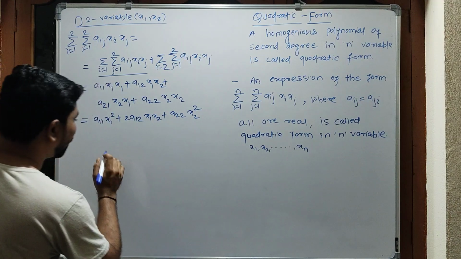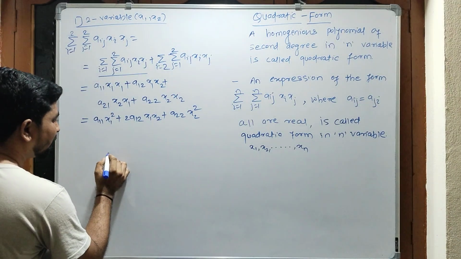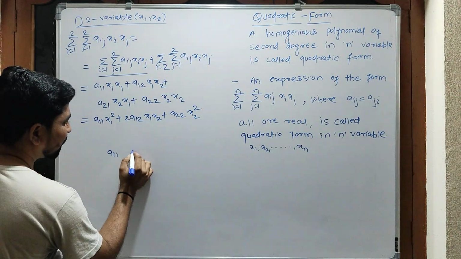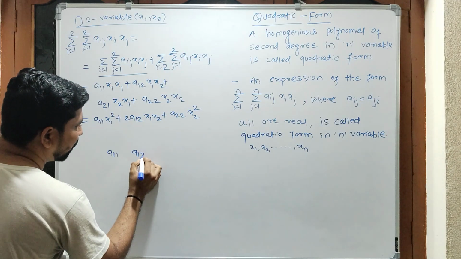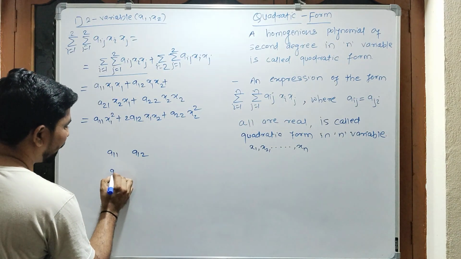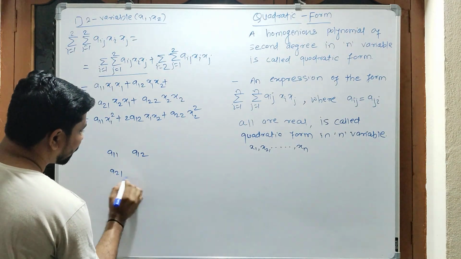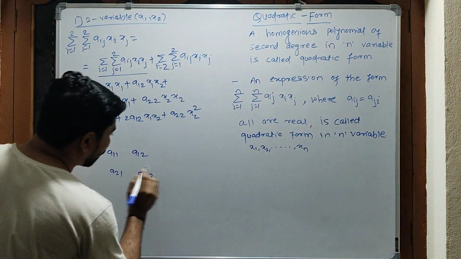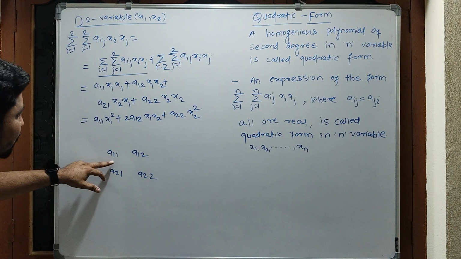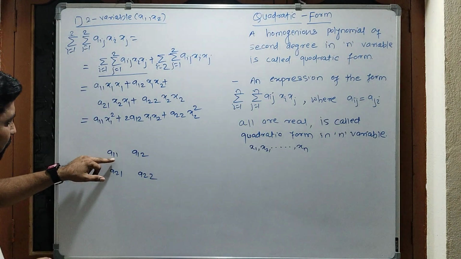So here, for example, if you have a 2 cross 2 matrix, first row is A11 and second, that is A12 position. Here the second row is the A21 position. This is the A22 position. Now corresponding to the A11 position, you can observe one thing.